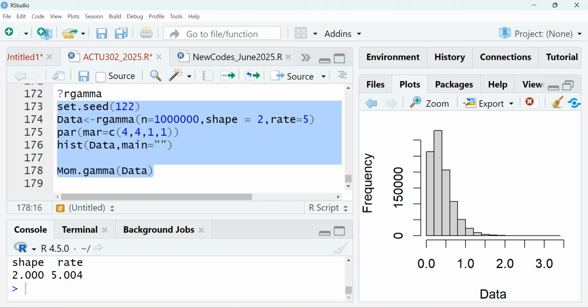For bias, you find the expectation of the estimator minus the parameter. So when it's equal to the parameter, then it's unbiased. When it's otherwise, then it's biased.